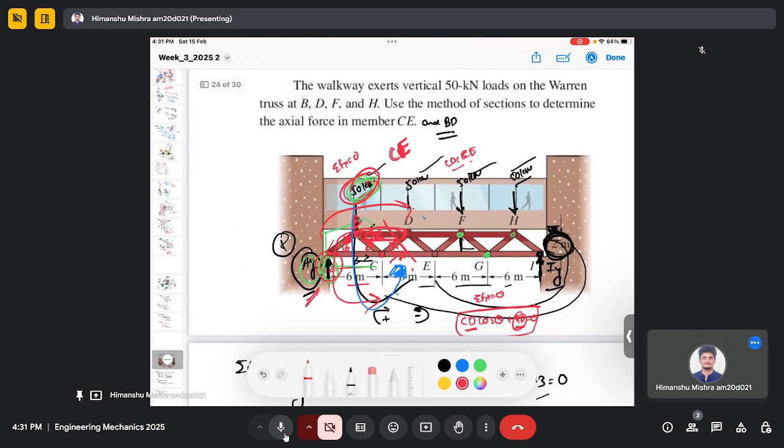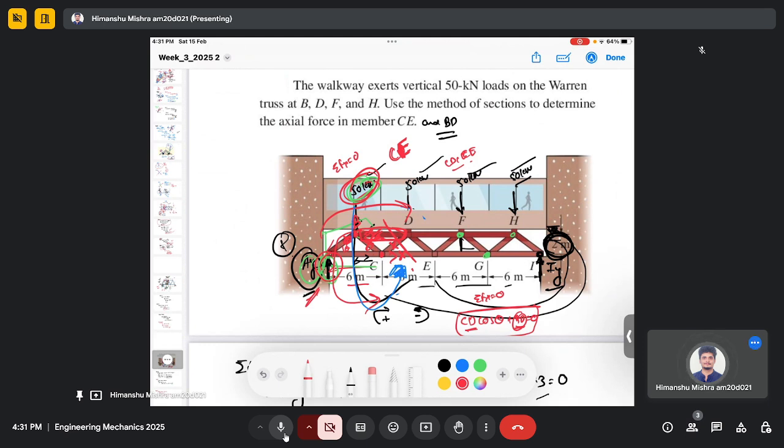So that's it there. Just to recap, here we have to find the forces in members BD and CE. So we make a cut along BD, CD and CE. Before making the cut, we found the reaction force AY.